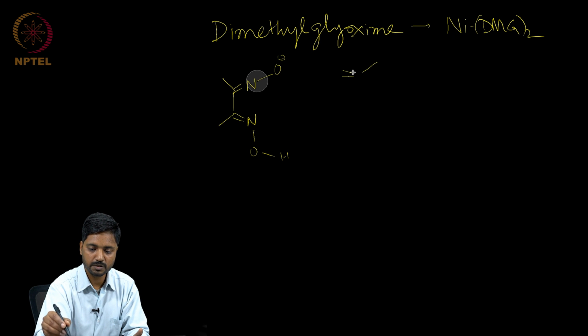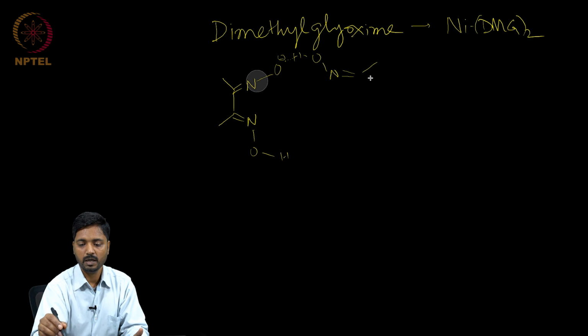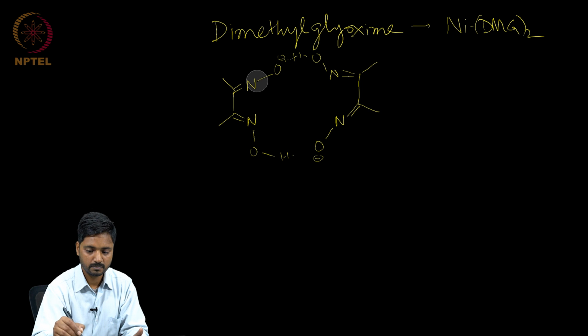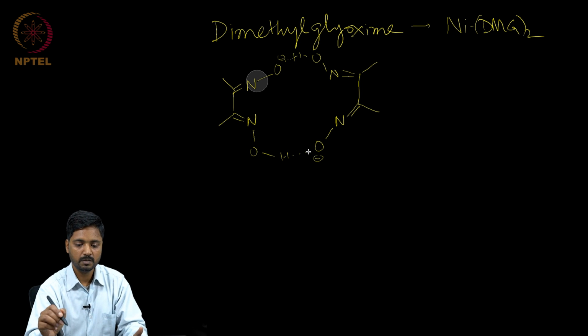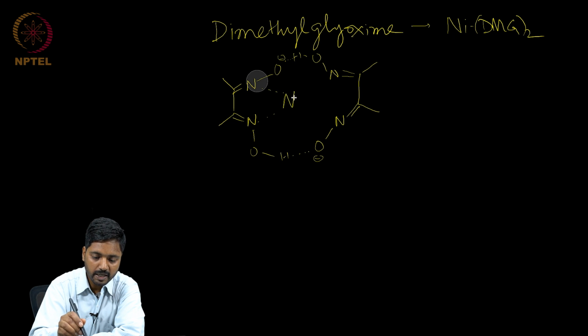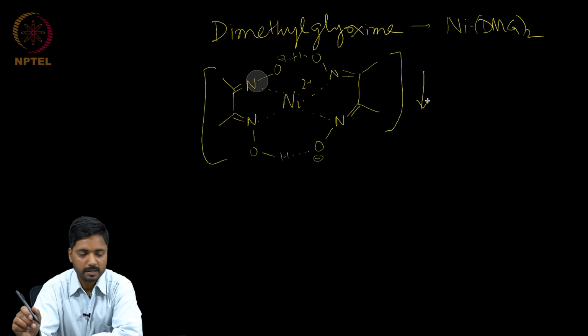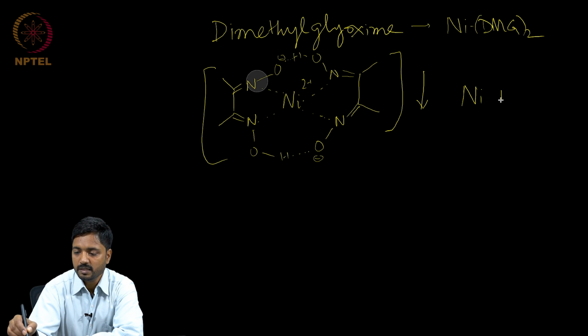A similar structure is present here, but now with the OH hydrogen bonding with the O minus bond present here, and these 4 nitrogens are the ones which complex with the nickel ions to generate a charge neutral complex which precipitates from the reaction mixture as the nickel DMG twice complex.